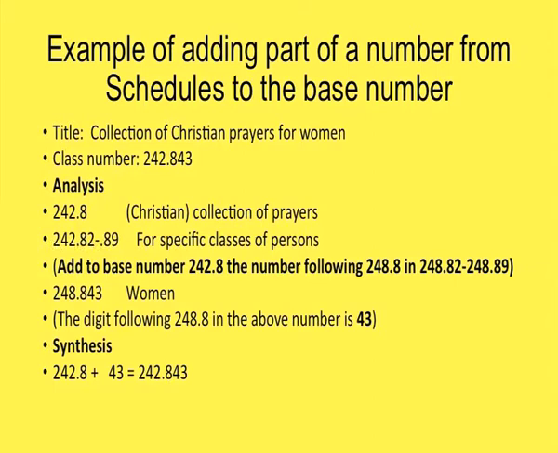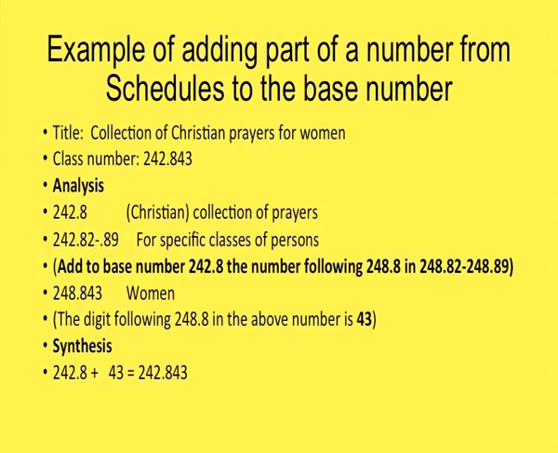First of all we find out the basic subject number of this title, that is 242.8, collection of Christian prayers. And then 242.82-289, this sequence of numbers is for specific classes of persons, means Christian collection of prayers for specific classes of persons.